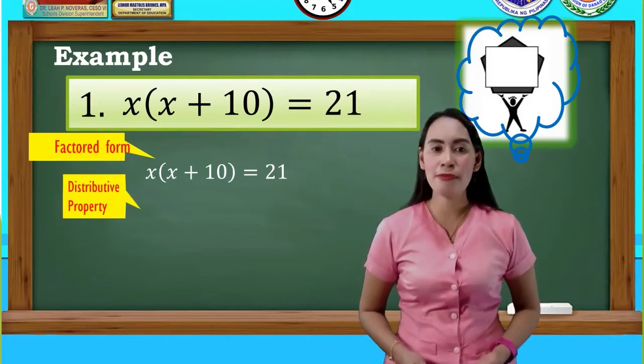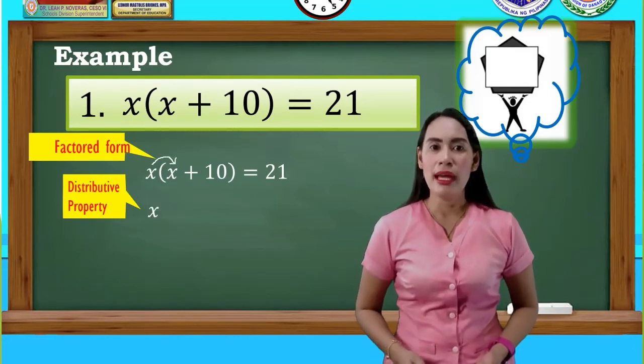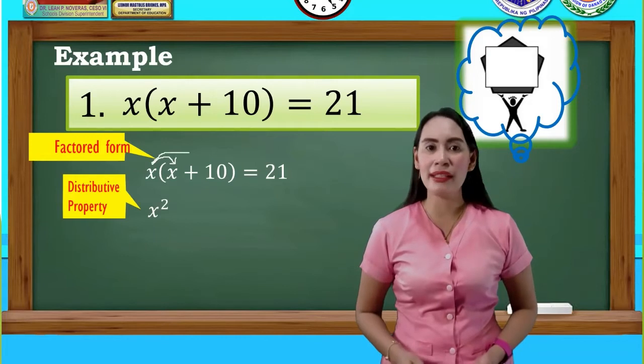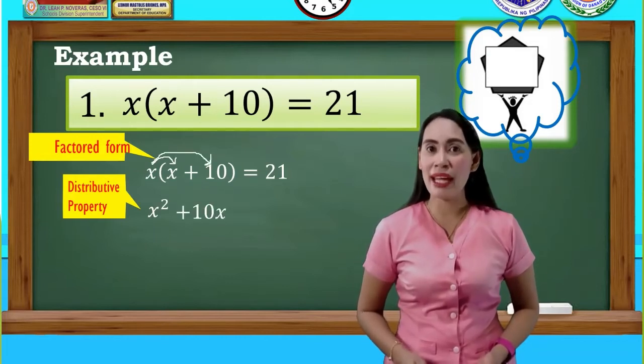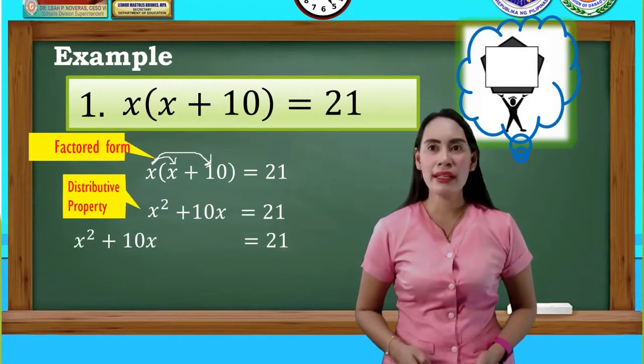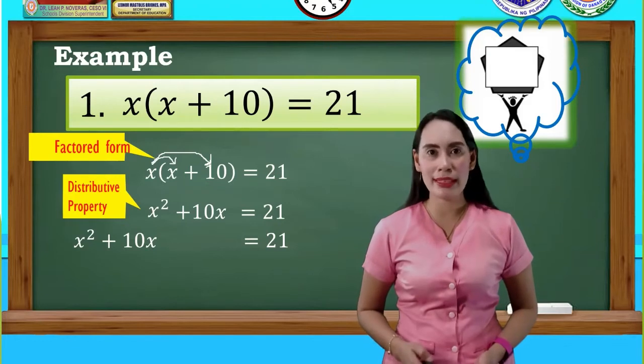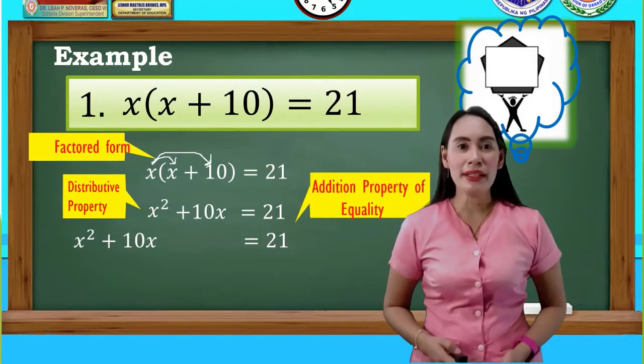So we have x times x equals x squared, x times positive 10 equals positive 10x, equals 21.